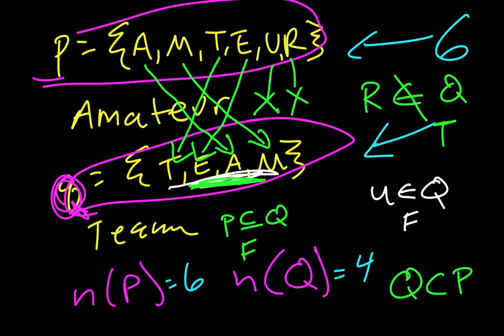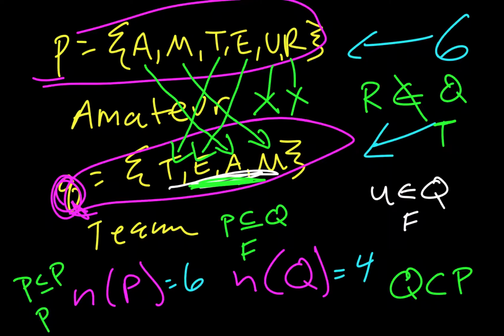So in this one, all the elements of P are found in Q, and you go through this process that we did right here. But they could be the same set. So for example, this is a true statement. P is a subset of P because every element in P is found in P. That seems a little bit silly, but that is a subset.